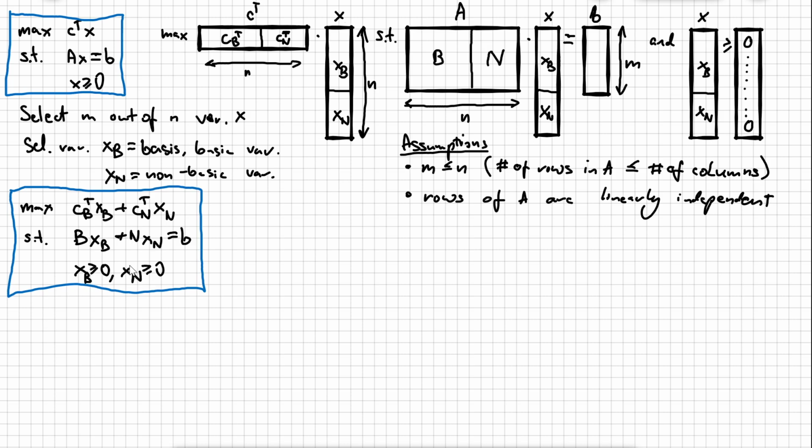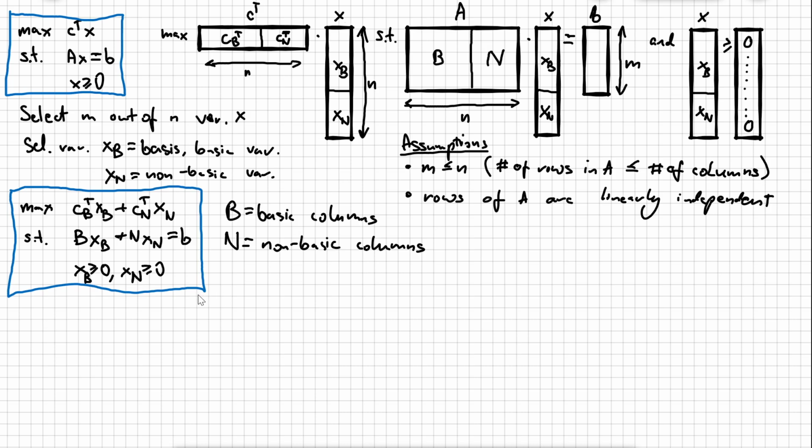So we will also say what we call B here and what we call N are, B are called basic columns, right? It's the set of M columns that correspond to basic variables, and N, of course, will be the remaining, so we could say non-basic columns.